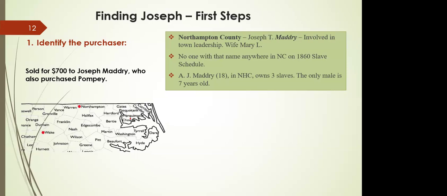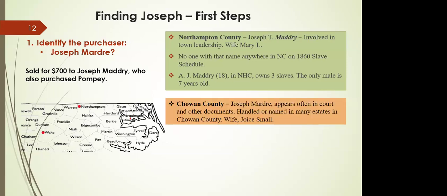So I dug as deep as I could and held on to it. What I noticed as I was doing this is that I kept seeing this name, Mardre, popping up when I was searching for Maddrey. So I said, well, let me look into that. And it turned out that right in Chowan County, there was a Joseph Mardre, and he appeared often in all kinds of records.